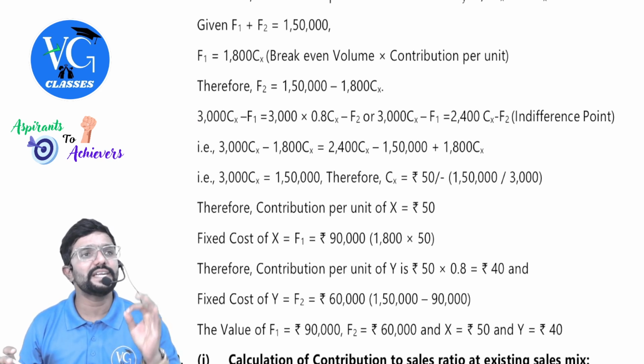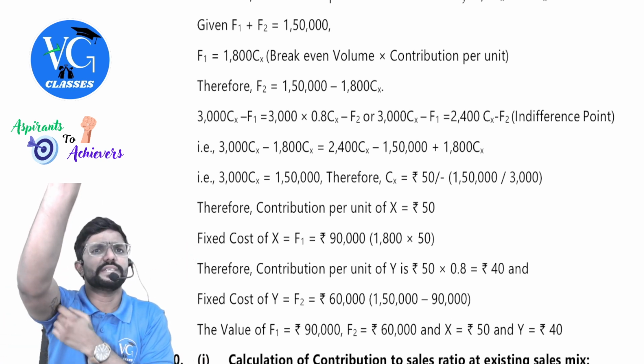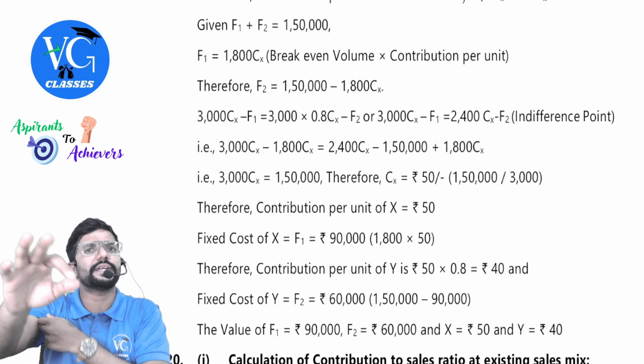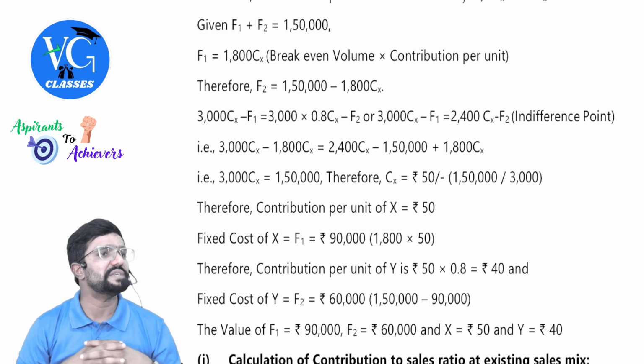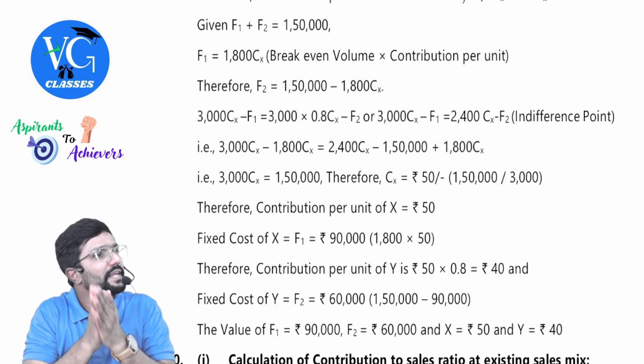The same profit is at how many units? 3000 units. They mentioned that products X and Y have the same profit at 3000 units.